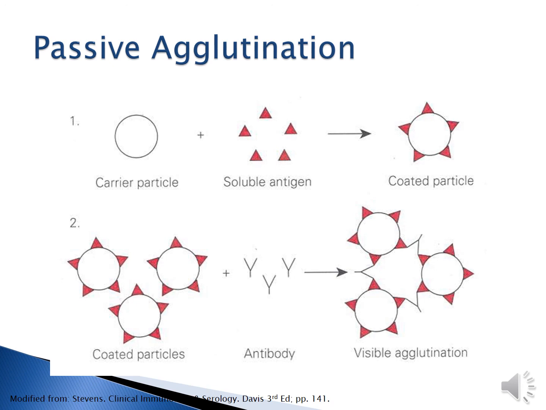Then we'll add the patient serum, which contains the antibodies that we are wanting to test for. If the patient does have antibodies to this particular antigen, then we'll see a visible agglutination.